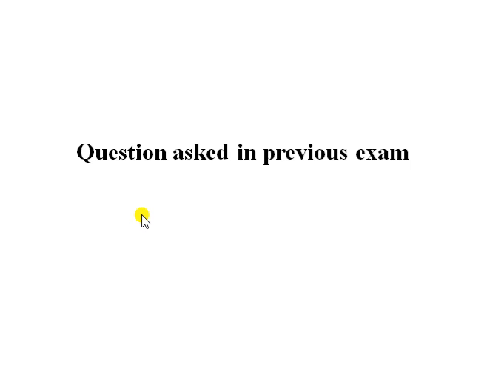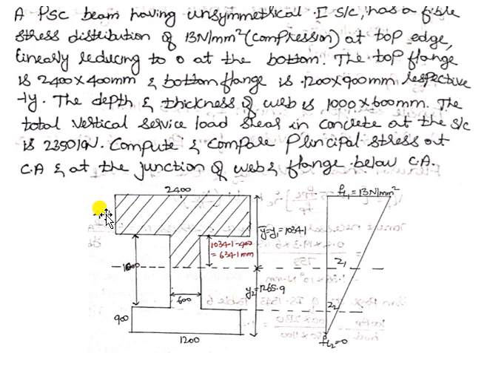Now let us see some of the questions which were asked in previous examination. A prestressed concrete beam having unsymmetrical I section has a fiber stress distribution of 30 Newton per mm square compression at top edge, linearly reducing to 0 at the bottom. The top flange is 2400 into 400 mm and bottom flange is 1200 into 900 mm respectively.